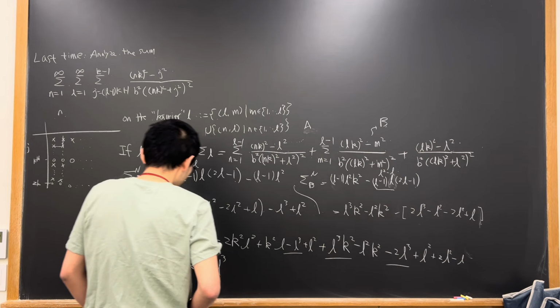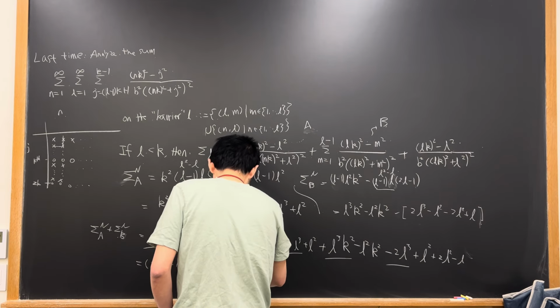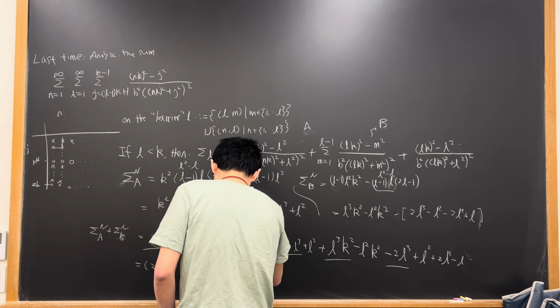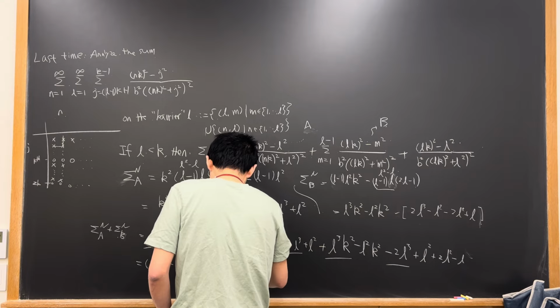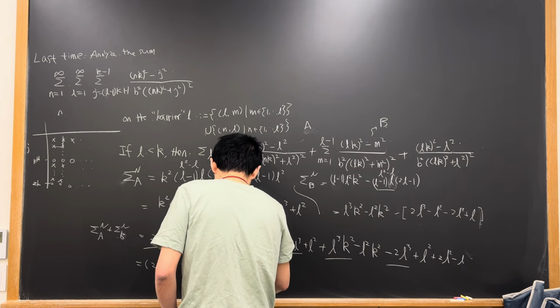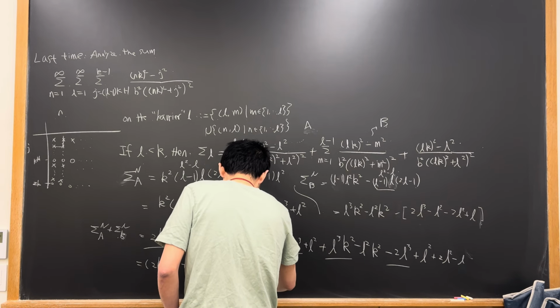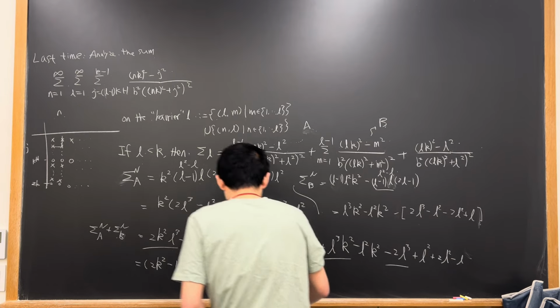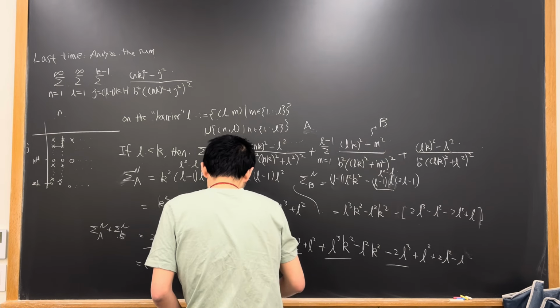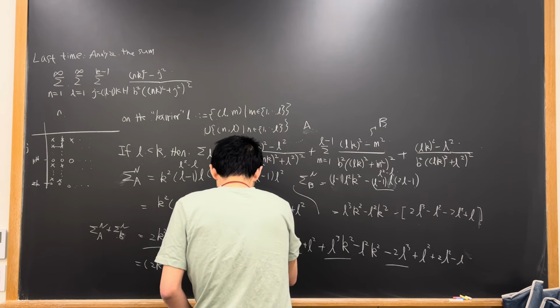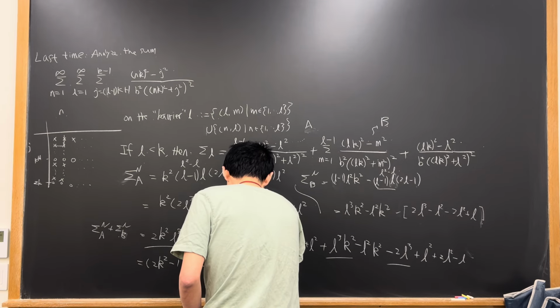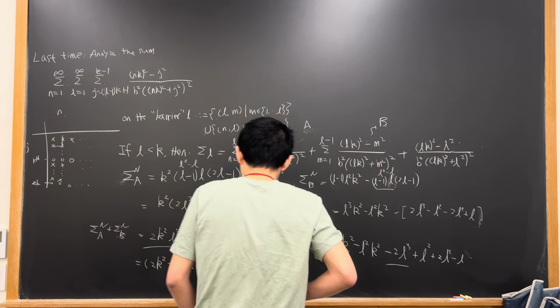Okay, so sorry, minus. Then I have minus k squared, so minus 3k squared.